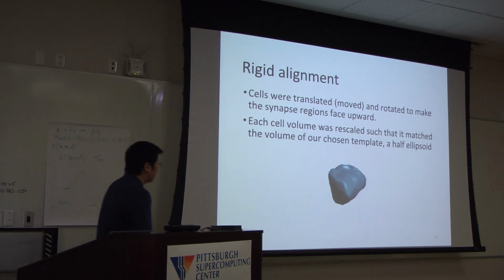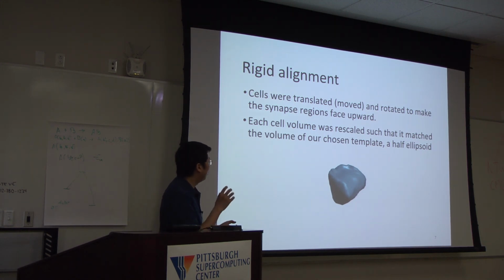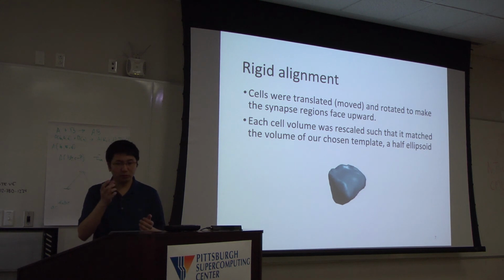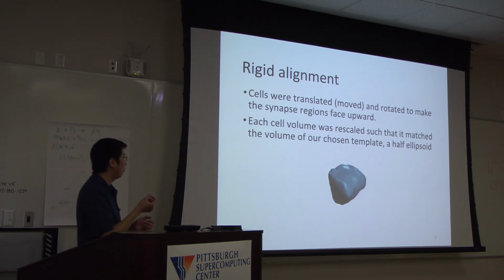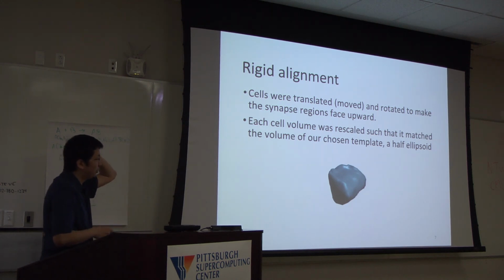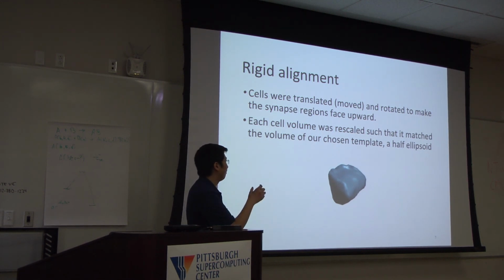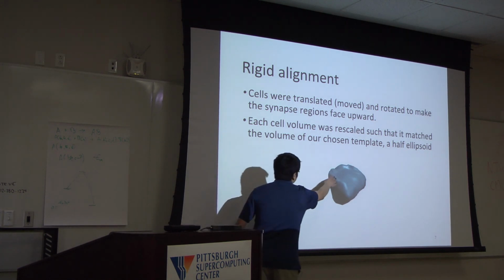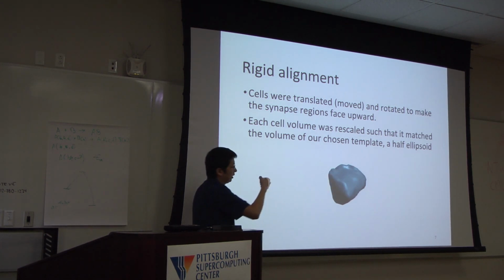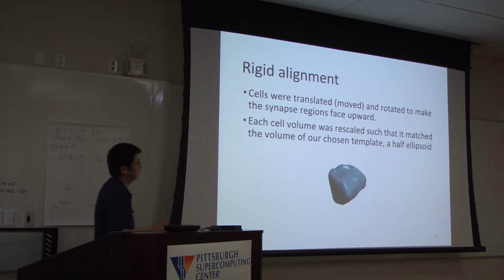And after we segment the cells, as I said, they have different orientations in the field. So to compare them, we need to make their orientation uniform. And we do so by rigid transformation, that is rotation and translation, so that we can make the synapse region, this upper part is the synapse, face up for all cells.